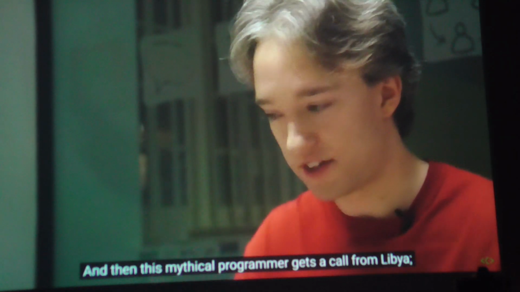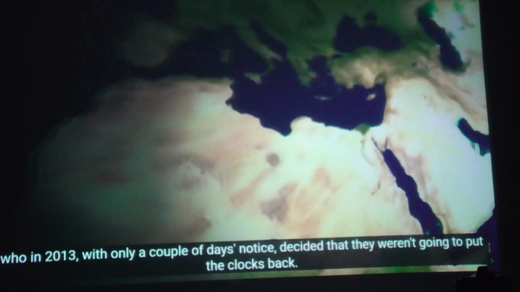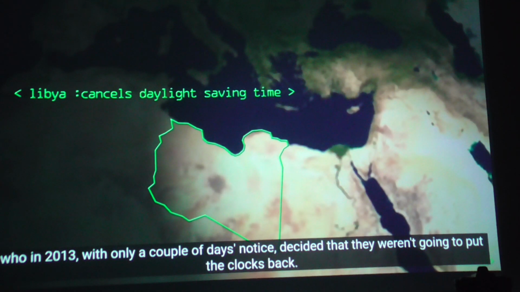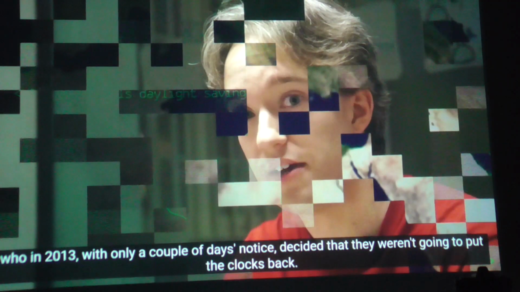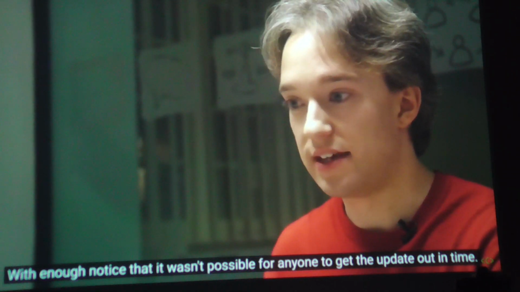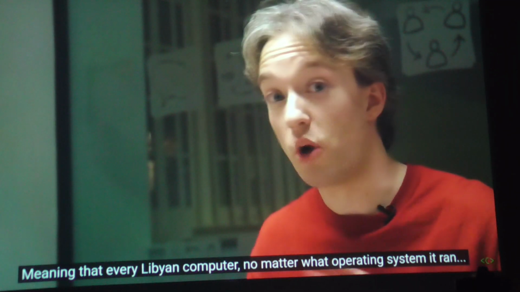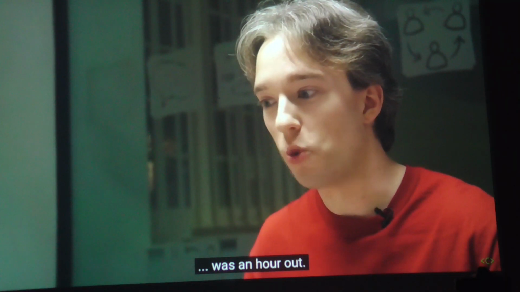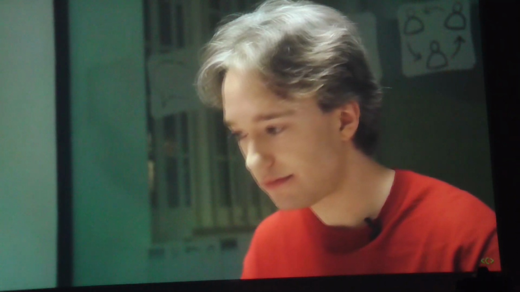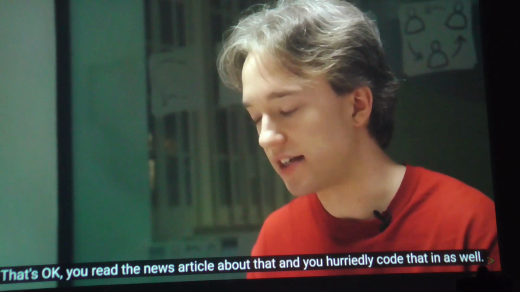And then the programmer, this mythical programmer, gets a call from Libya, who in 2013, with only a couple of days' notice, decided that they weren't going to put the clocks back. With too little notice for anyone to get the update out in time, meaning that every Libyan computer, no matter what operating system it ran, was an hour out. It's okay, you read the news article about that, and you hurriedly code that in as well.